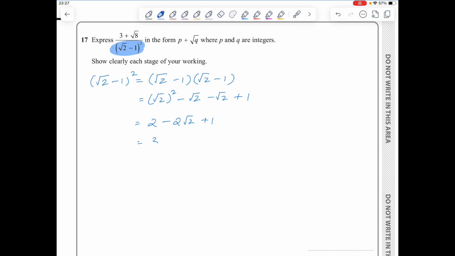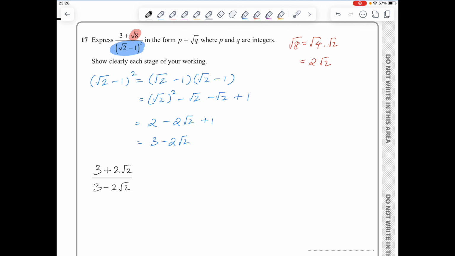So this simplifies to 3 minus 2 root 2. Now I'm going to take the square root of 8 and rewrite this as square root of 4 times square root of 2, which is 2 square root of 2. So the whole of the fraction now is 3 plus 2 square root of 2 over 3 minus 2 square root of 2.